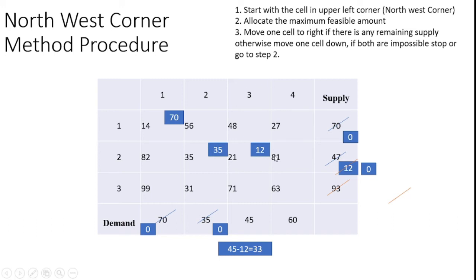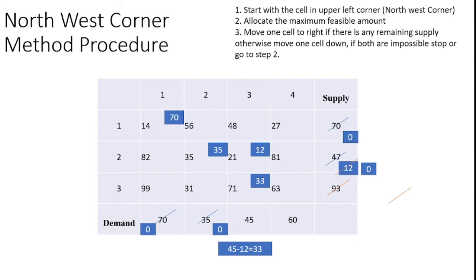I can't move right, but I can move down, because the demand is still available. So I move one cell down and introduce the balance demand 33, because the total supply is available as 93, so I can fulfill the demand required in that third distribution center.